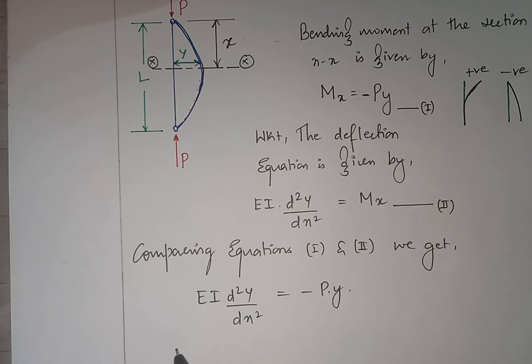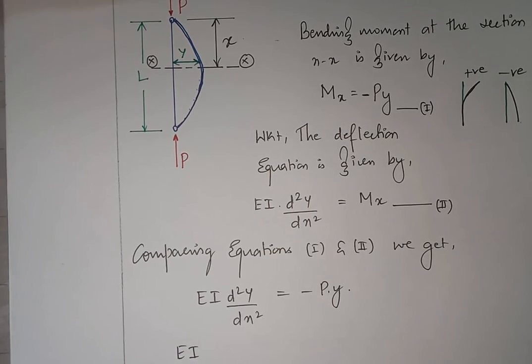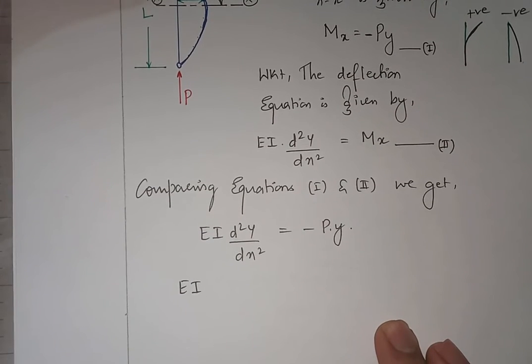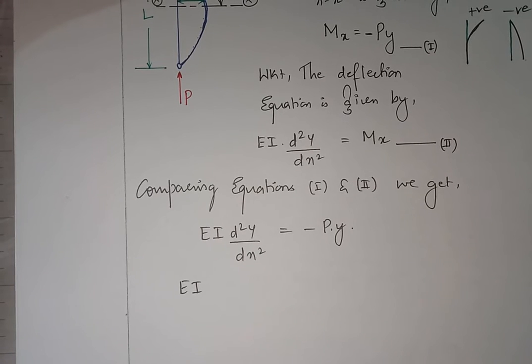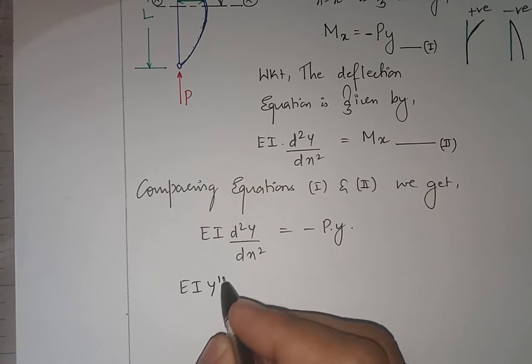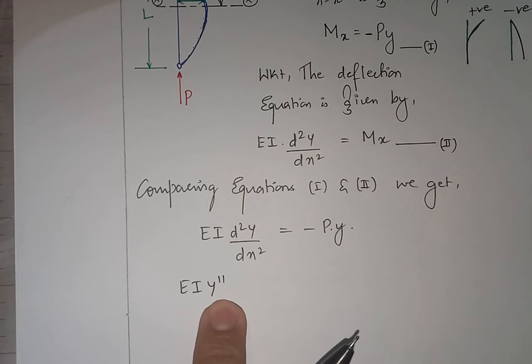Now, since all of you have studied in mathematics that the derivative dy by dx, I can represent it by y dash, and d square y by dx square, I can represent it by y double dash. So this you have already learnt in your mathematics. I repeat, if it is dy by dx you are going to denote it by y dash, and if it is d square y by dx square you are going to denote it by y double dash.